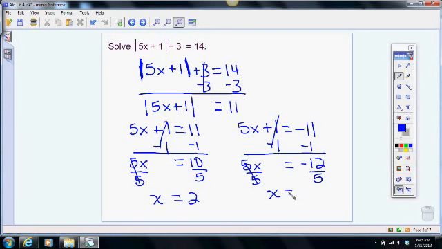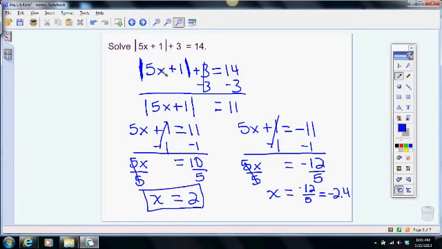And we're left with x equals negative 12 fifths, because that cannot be reduced. Or if you type that into your calculator, it comes out to negative 2.4. Either way is fine in this case. But again, we come up with two answers.